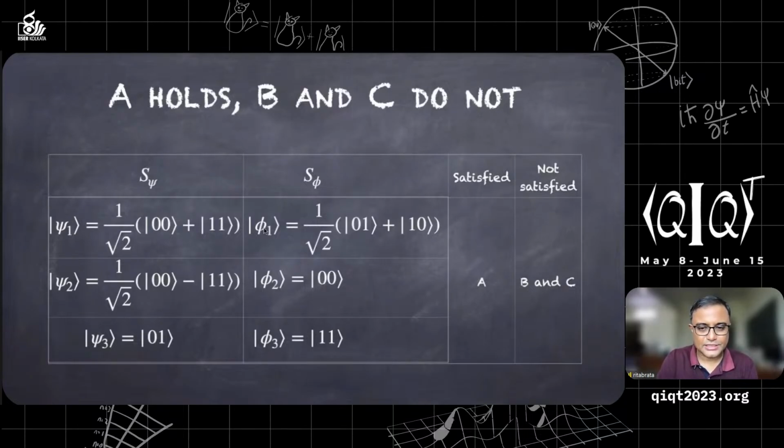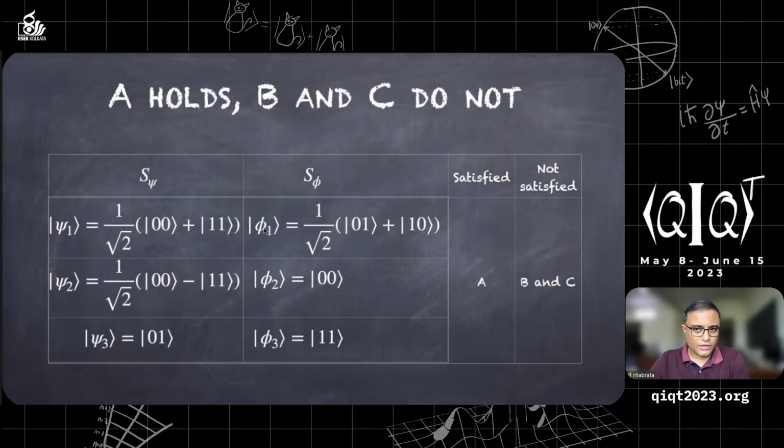Try to find it out, it's not too difficult. Psi 2 to phi 2 is also very easy. It's pure states to mixed states, so you can do that, and the same thing goes for the last one. So A is actually very straightforward. Now, what about B?